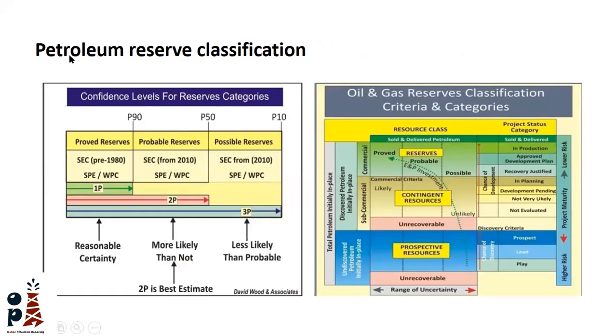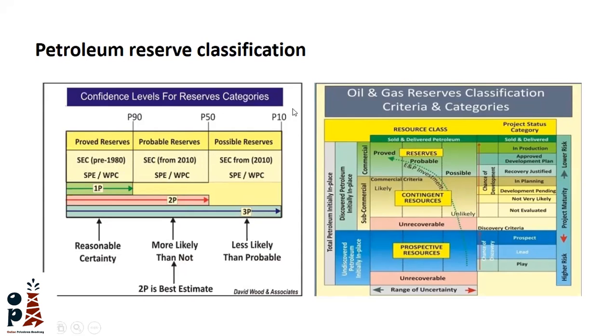So how is petroleum reserve classified? We classify reserve into three categories: proved reserve, probable and possible. We classify them depending on how confident we are that we will extract this reserve. So if you are 90% confident, this is called proved. If you are 50% confident, this is called the probable reserve.